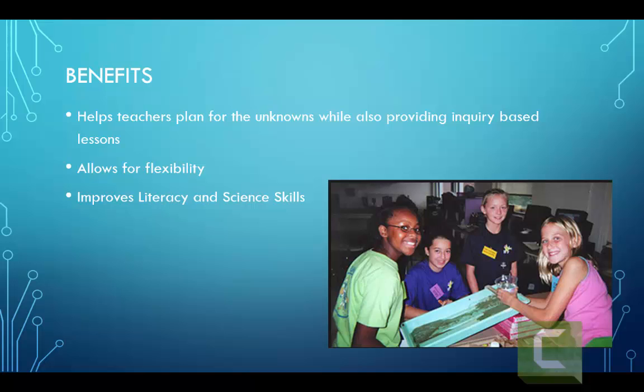It's really up to the teacher and how the students are reacting to the lesson. And then it improves literacy as well as science skills. It's not separating them and making it boring just by saying, okay, let's just write about a scientific topic. It's more inclusive than that.